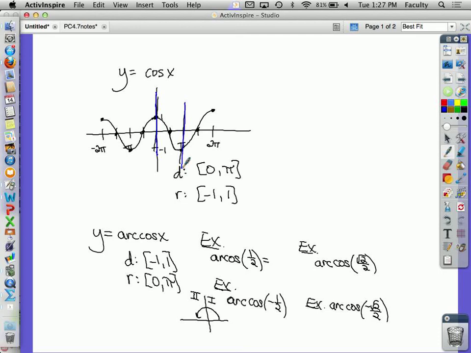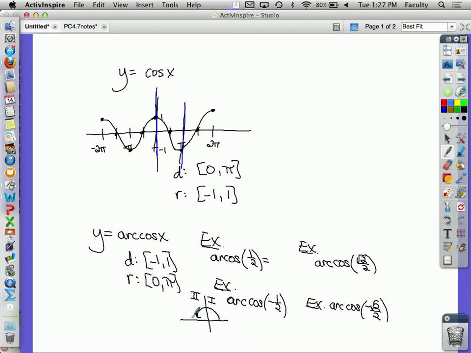So the domain is 0 to pi, the range is negative 1 to 1. So for arc cosine, you just switch those. Now the domain is negative 1 to 1, and the range is 0 to pi. Now, 0 to pi is between the first and the second quadrant. So you either need to memorize that inverse sine is negative pi over 2 to pi over 2, and inverse cosine is 0 to pi, or make a sketch, and you can always figure it out. I'd rather you reason it out.